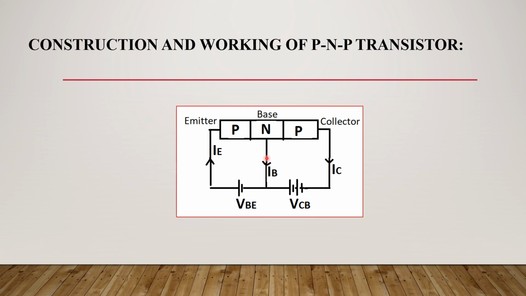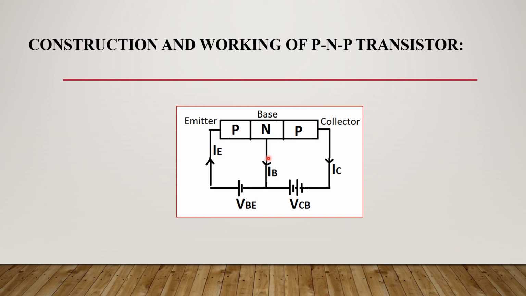This is connected to this IB base current, and it gives a negative base voltage to control the emitter collector current. The construction of the PNP transistor is what we have seen now.